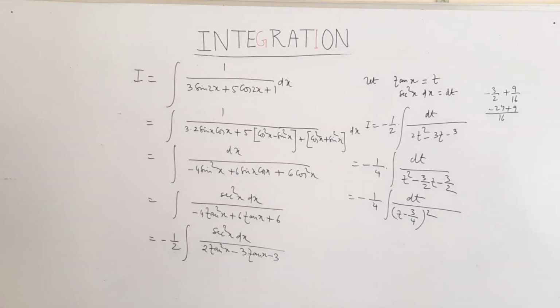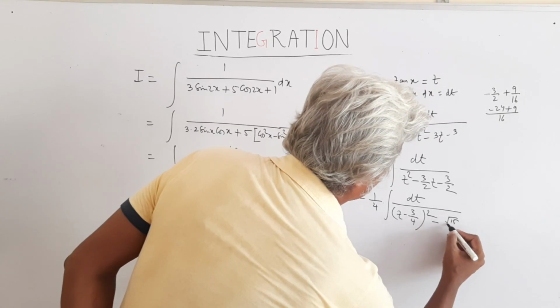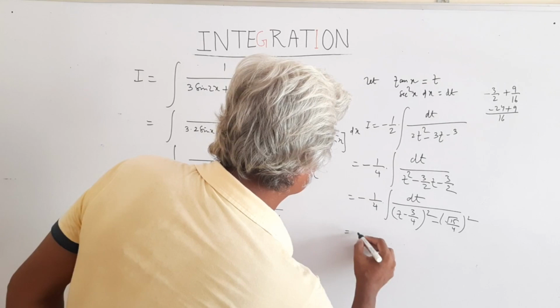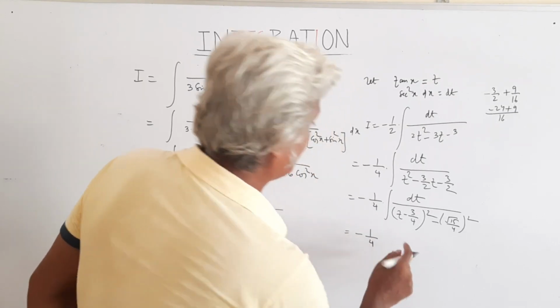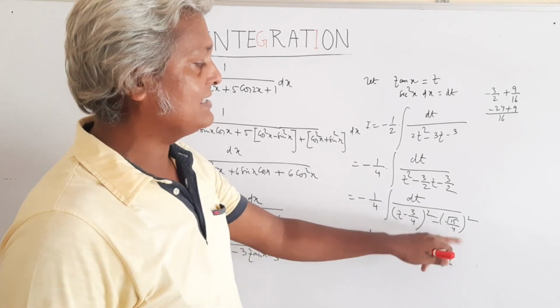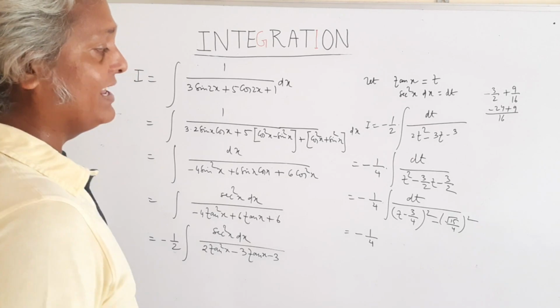So I write this as minus under root of 15 by 4 whole square. So this is minus 1 by 4. This is going in standard form of 1 over x square minus a square, that is 1 over 2a log mod x minus a over x plus a.